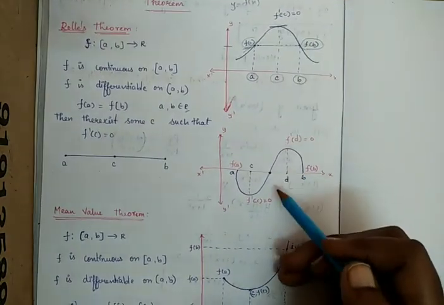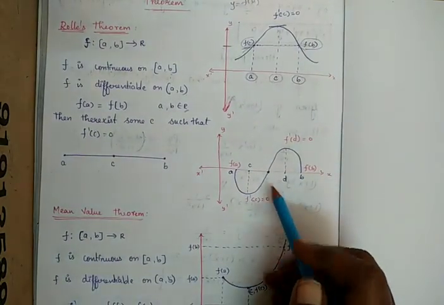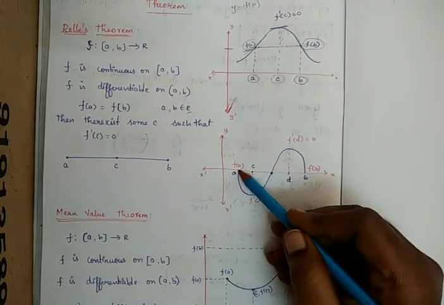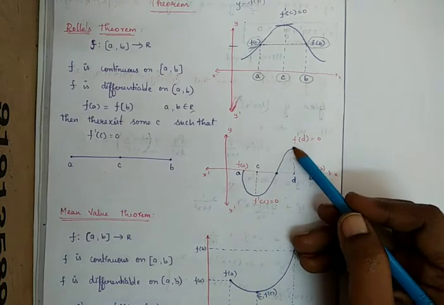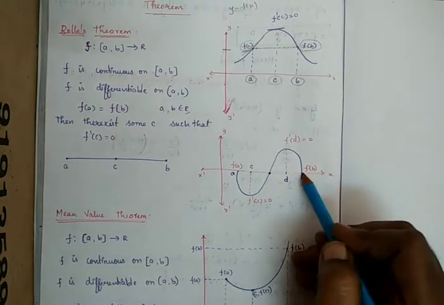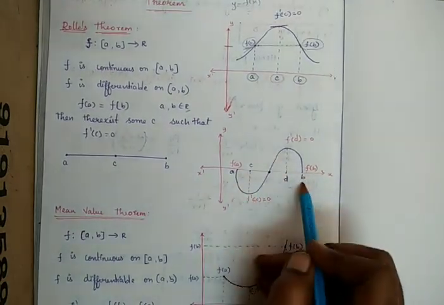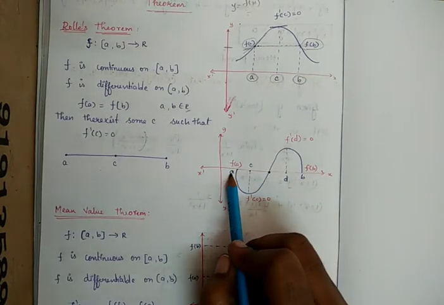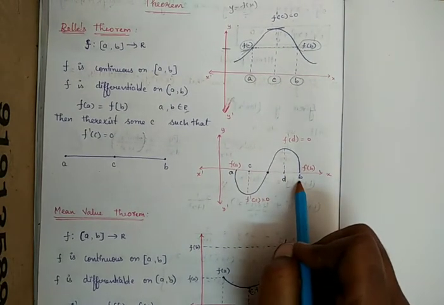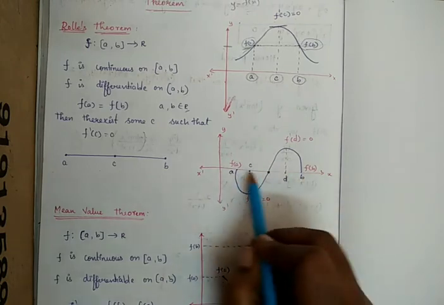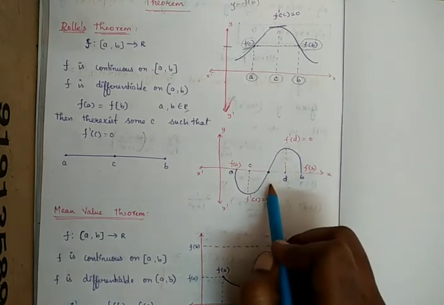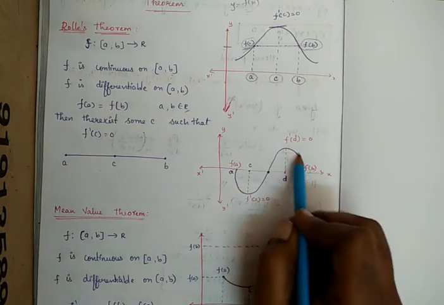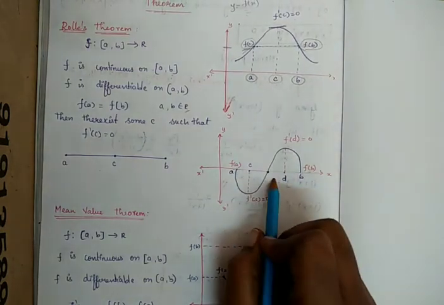Now I have one curve here. Suppose my curve is in this manner. It starts from this place, first it lowers, then it rises, and then again it reaches this place. This is the point a and this is the other point b. Here my f(a) and f(b) values are equal. This is a function, it is continuous here, and it is differentiable also.